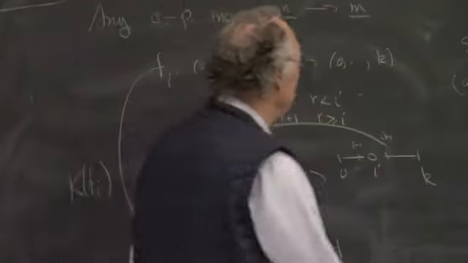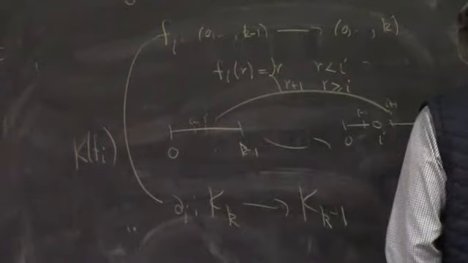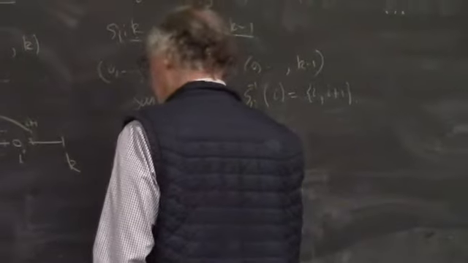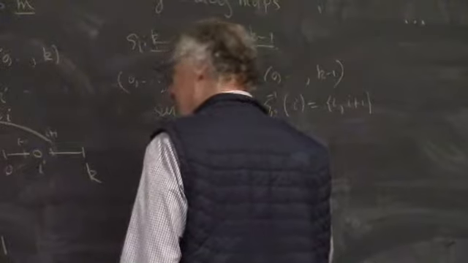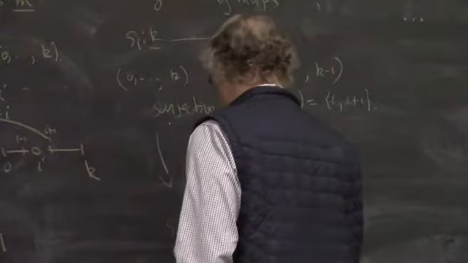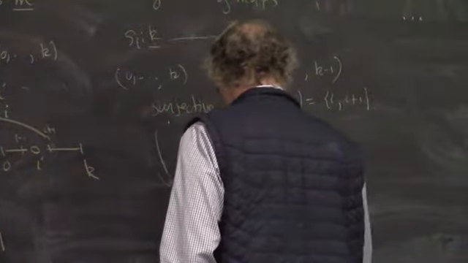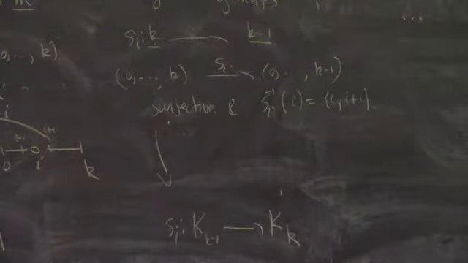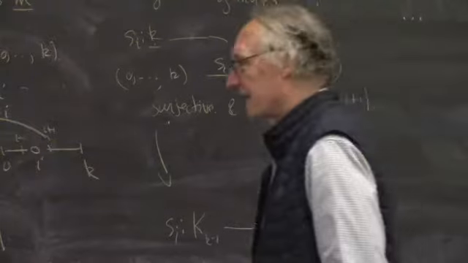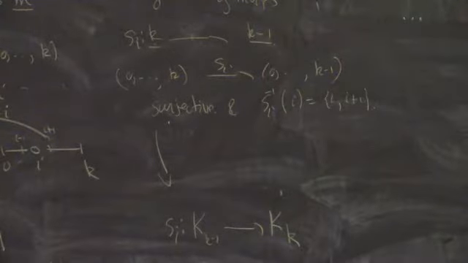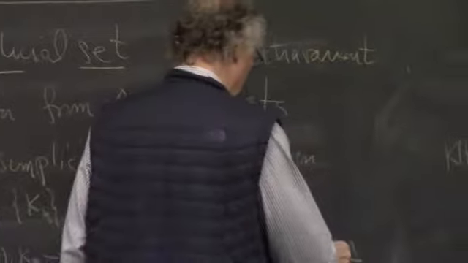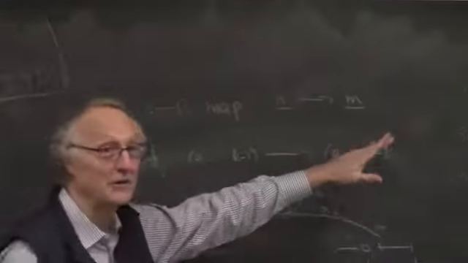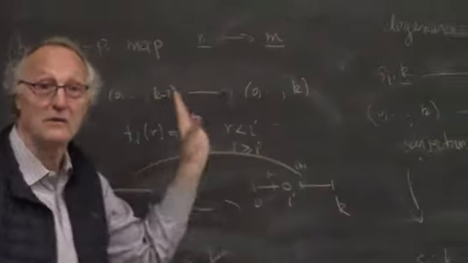And dual to these are the degeneracies from K_{n-1} to K_n. So I said, and it's very easy to establish, that any order preserving function between two of these sets is some composition of these two elementary functions.